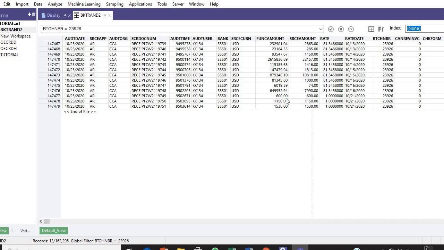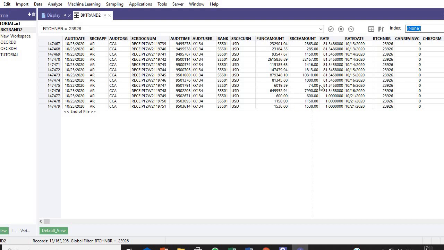So the implication here is these 3 figures have been misstated because they were converted at 1. So if we multiply this by 81 by 600, we're supposed to get around 48,000 here. But instead, we are reporting 600. So there is a very huge understatement here.